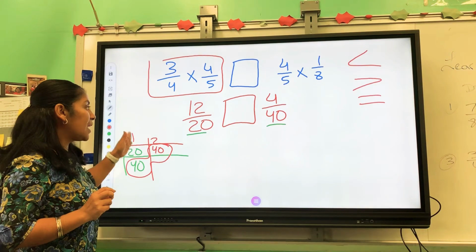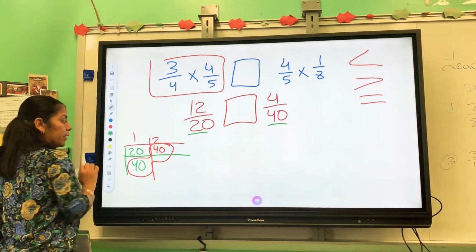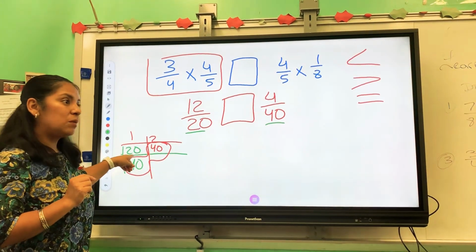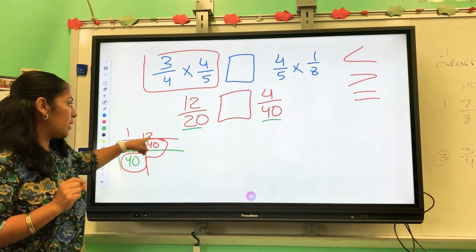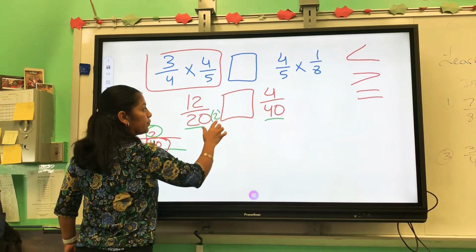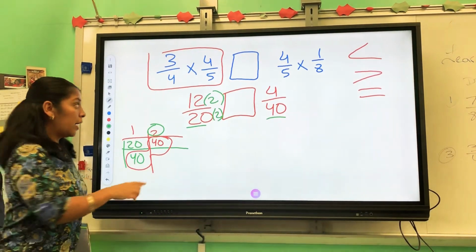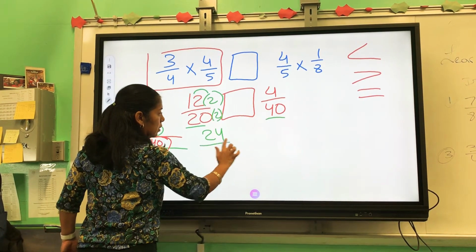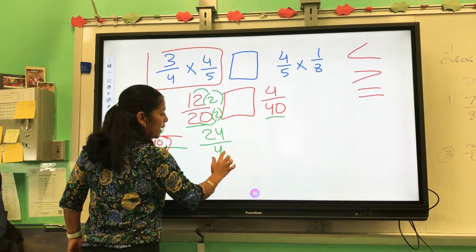So since I have the same least common denominator, what I'm going to do now is the following. 1 times my 20. How many times did I multiply that to get the 20? Times 2. So I'm going to do that here. I have now 24 as my numerator and 40 as my denominator.